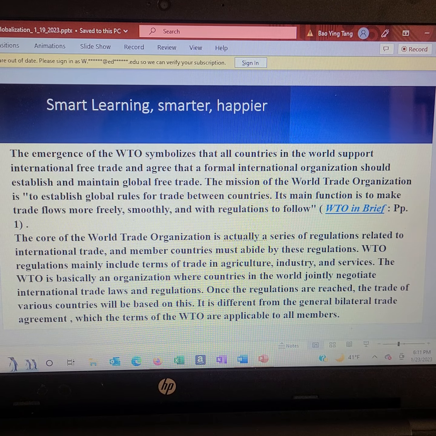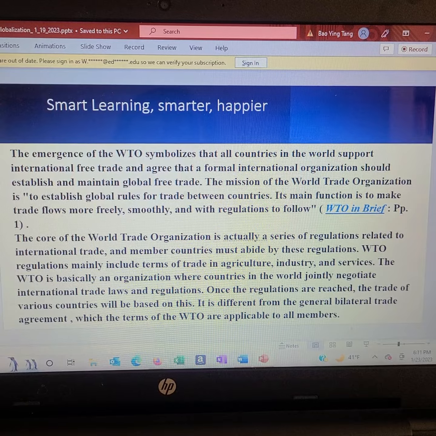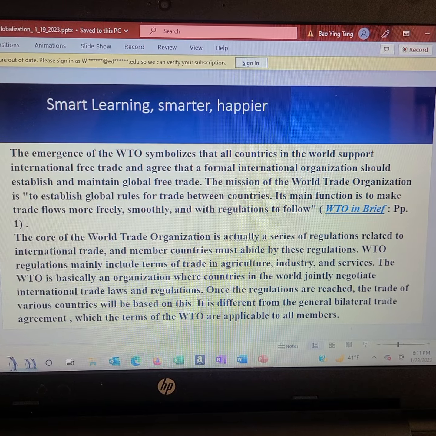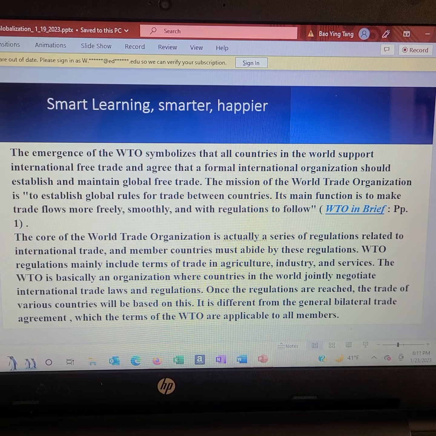The WTO is basically an organization where countries in the world jointly negotiate international trade laws and regulations. Once the regulations are reached, the trade of various countries will be based on them. It is different from a general bilateral trade agreement, in that the terms of the WTO are applicable to all members.